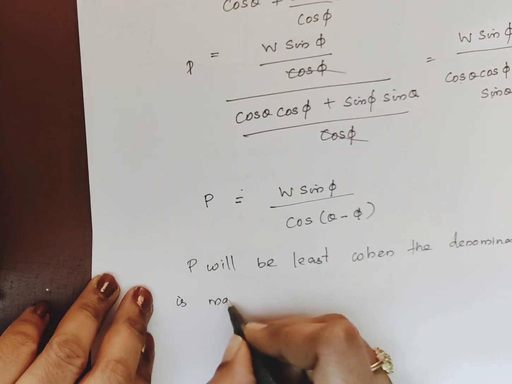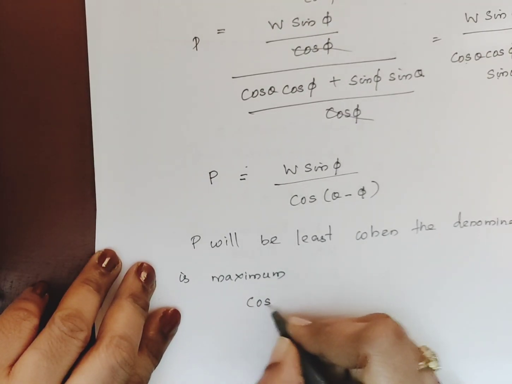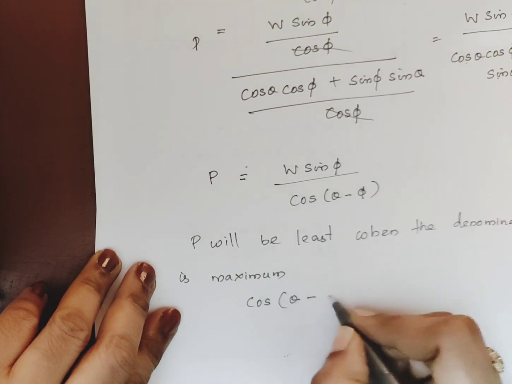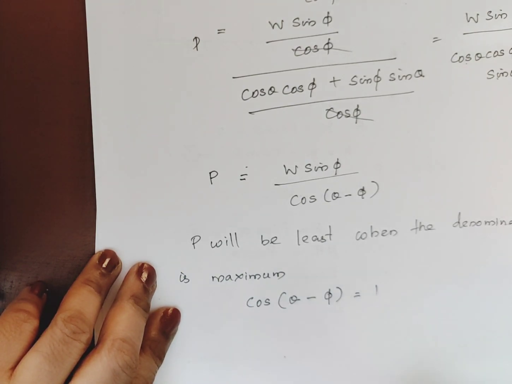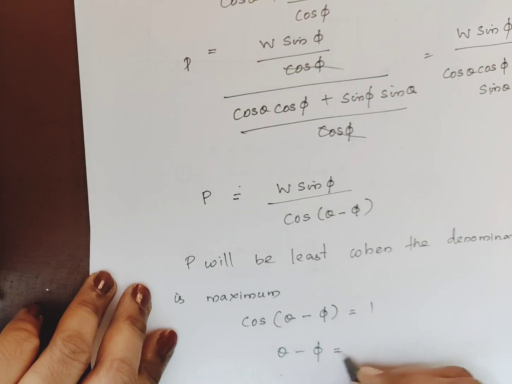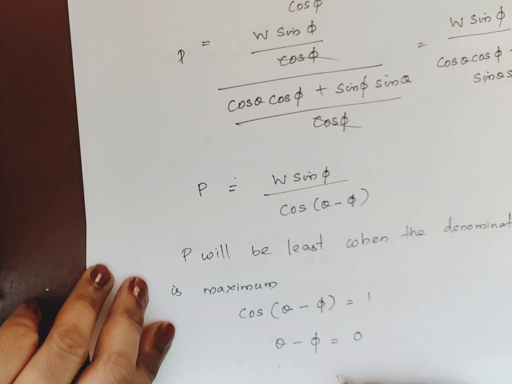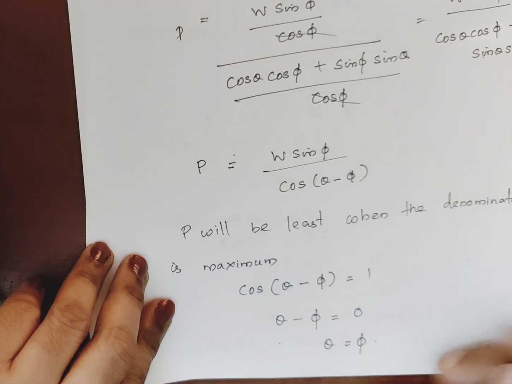That is cos of theta minus phi is equal to 1. Maximum value of cos of theta minus phi is 1. That is theta minus phi is equal to 0. So you can write theta is equal to phi.